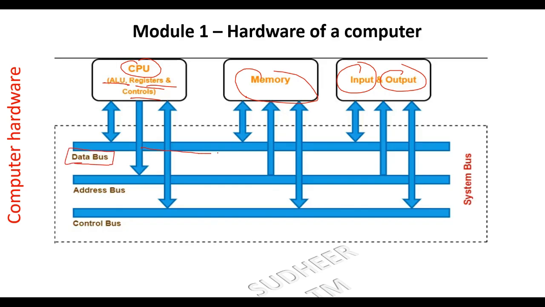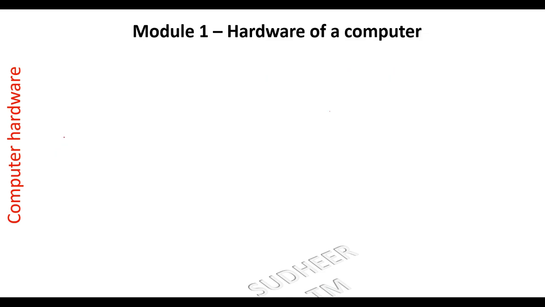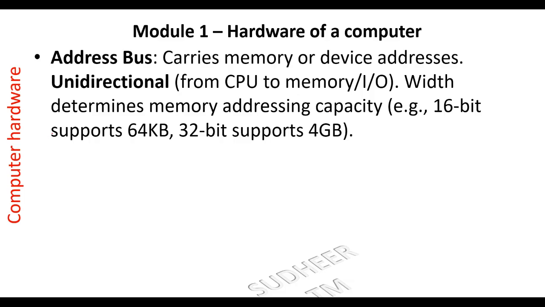This is the channel that goes here and there throughout your processor or connected motherboard. And see, from the CPU it is bidirectional, from the memory it is bidirectional, from the input device and output device it is bidirectional. So this is the data bus. It's that simple, you can explain it on your own.